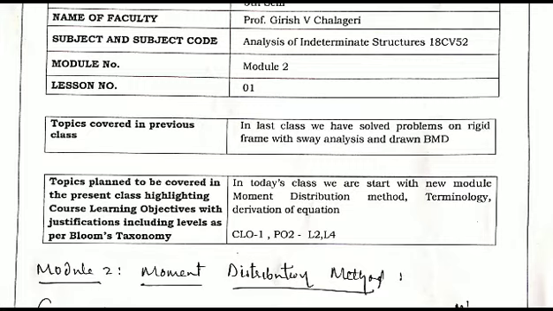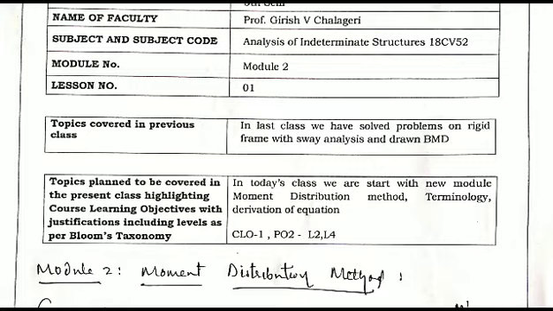Finally, we found the final end moments along with the midspan moments. Then we drew the bending moment diagram. And by finding the support reactions, we drew the shear force diagram too. And the relative elastic curve has also been drawn. So all this we studied in the previous classes.